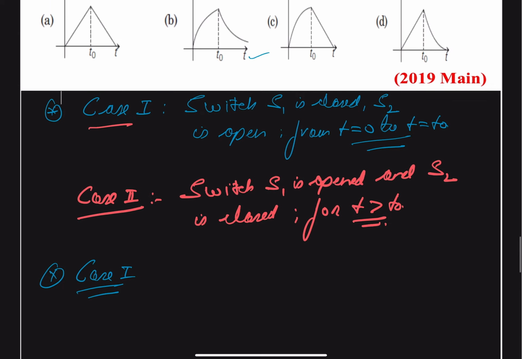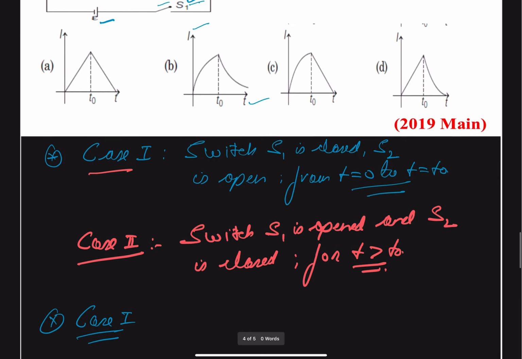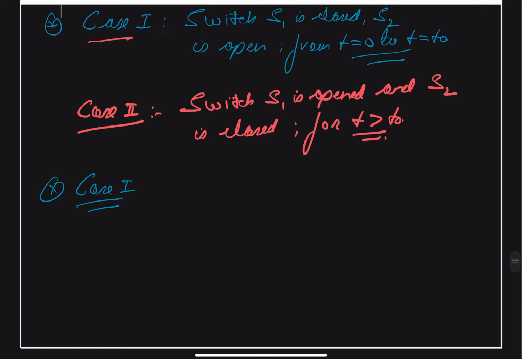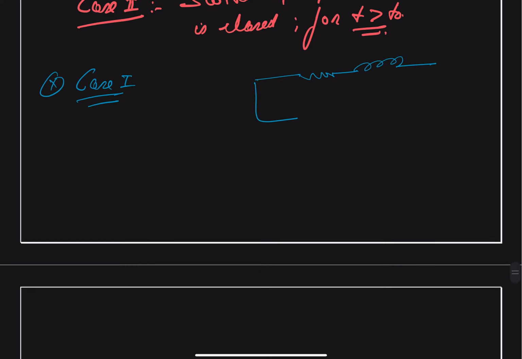In this case 1, our S1 is closed and S2 is open. So the circuit can be represented something like this. I have a resistance, an inductor, and a source, and this source switch is closed now.